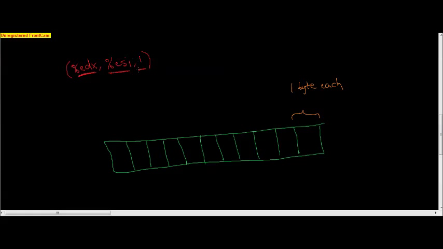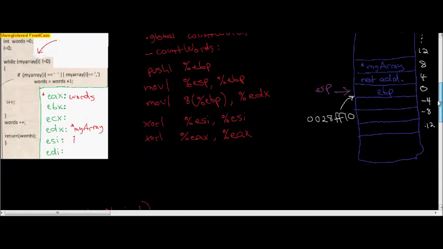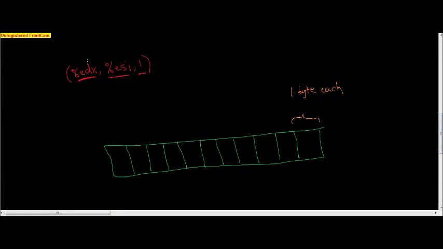Right, this is very, very important. Okay, so we are dealing with an array of chars, right? Char is 1 byte, so this should be 1 right here. Okay, it's different if you have an int. If we had an array of ints, right, int equals 4 bytes, then we would have EDX, comma, ESI, comma 4.